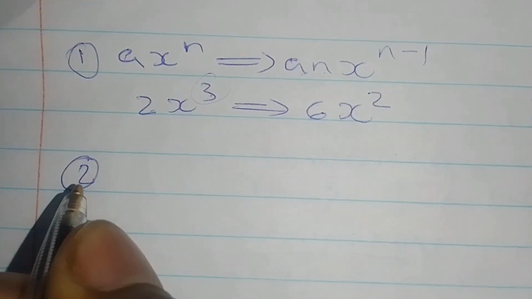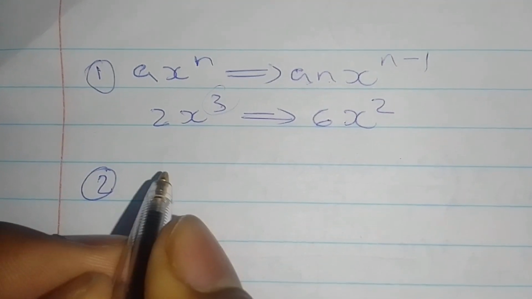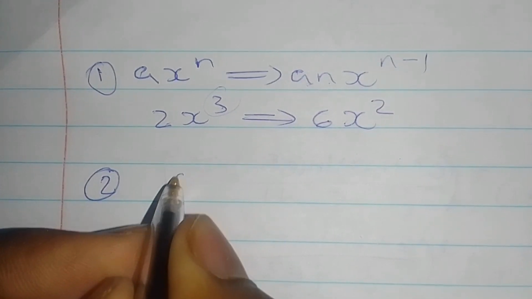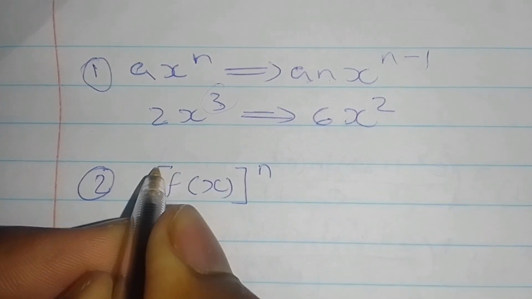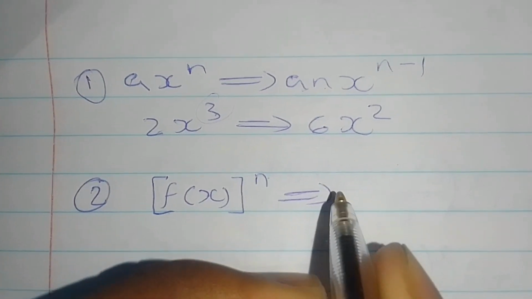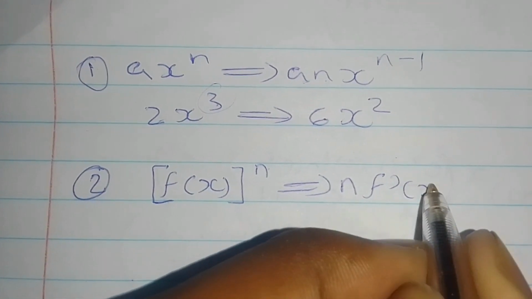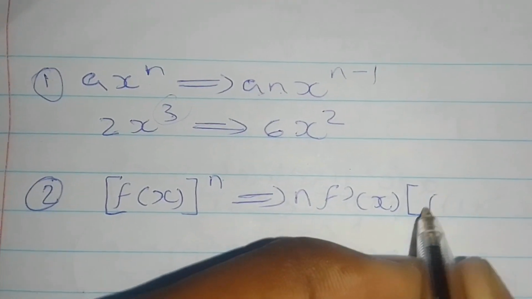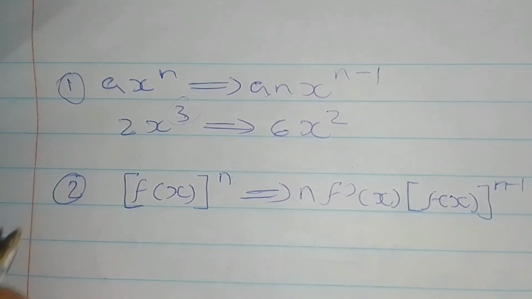The second one you must know is that if you are deriving a function raised to a constant, some number, you're going to have n times the first derivative of f times f of x to the power of n minus 1.